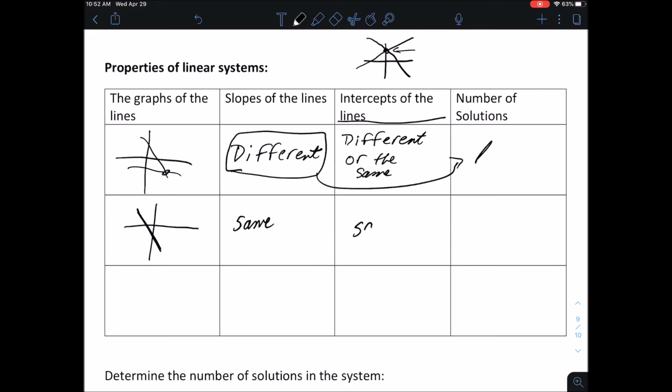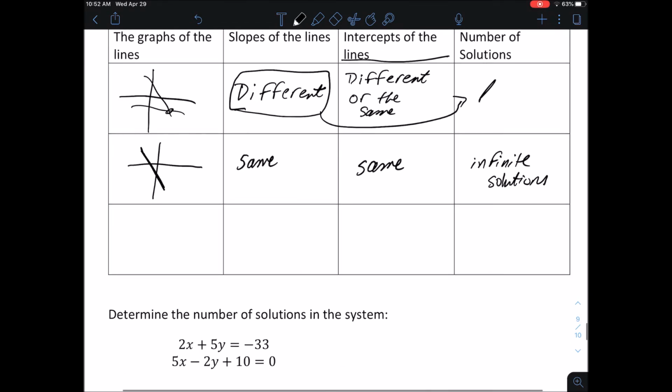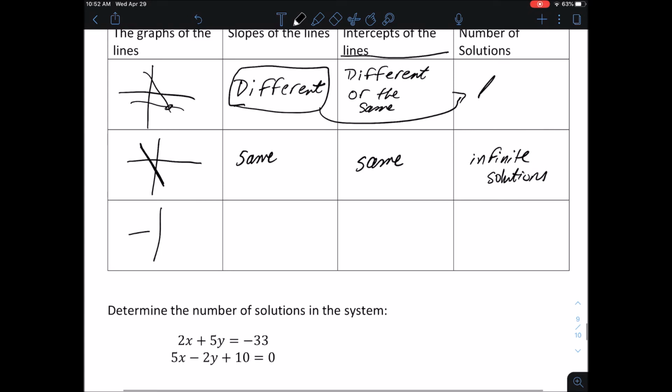And then the second one that we saw had two lines that overlapped. So the slopes were the same. The intercepts were also the same. And we had infinite solutions. And then down here in the third case, we had two lines that were the same slope, but they had different intercepts.